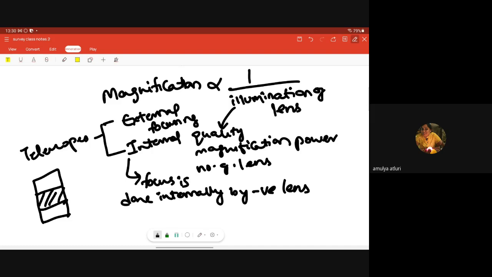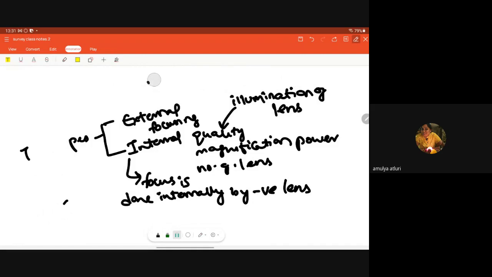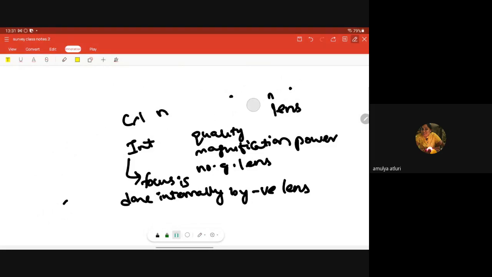Generally, we prefer the internal focusing telescope. It is more advantageous than the external focusing telescope. With external focusing, there may be some errors with respect to external objects because of the illumination and magnification factors.